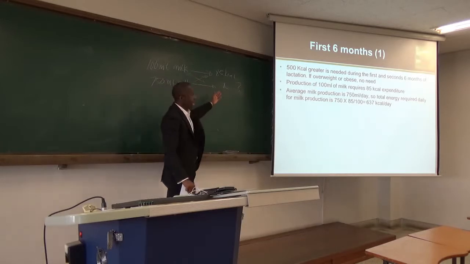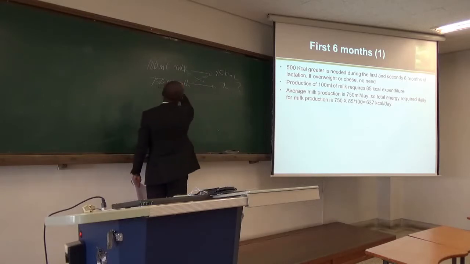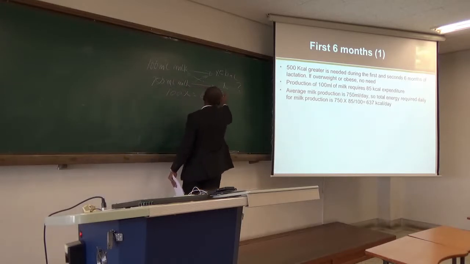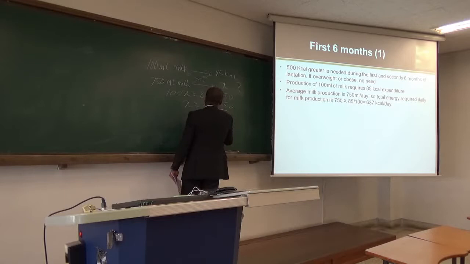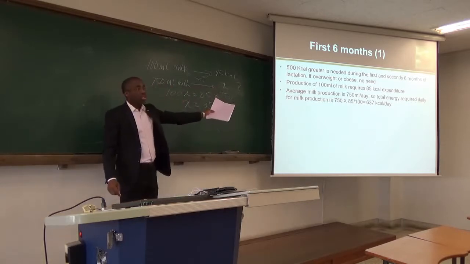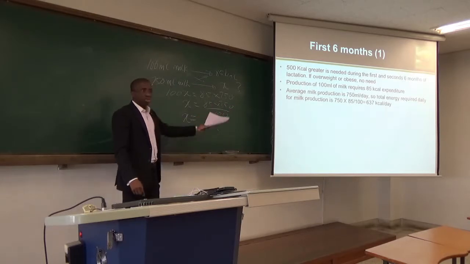We want to know X. So it's basically 100X gives you 85 by 750. So X is 85 times 750 divided by 100, and the answer is 637.